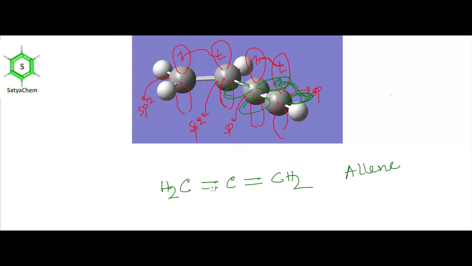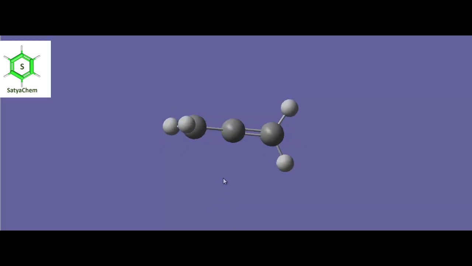Here this carbon is sp2 hybridized, this one is also sp2 hybridized, but concentrate on the center carbon. The number of pi bonds arising from the center carbon is 2. This is one pi bond, this is another pi bond, so actually it is sp hybridized. Clear?